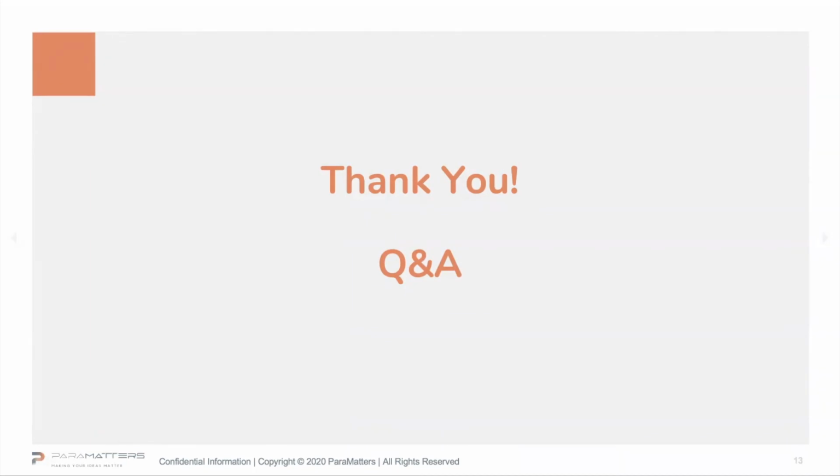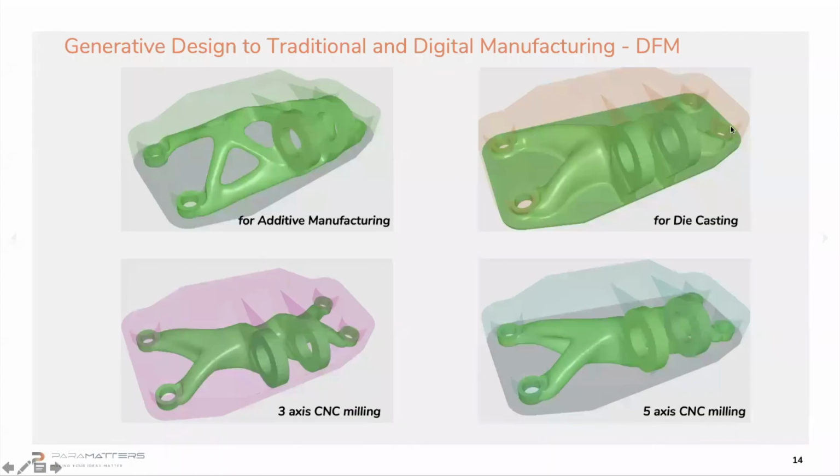Okay, another question, and this is a good segue. What kind of casting design can you perform? Two types of casting designs are typically performed. First is die casting. This image shows how the same design can be taken for milling and also for casting.